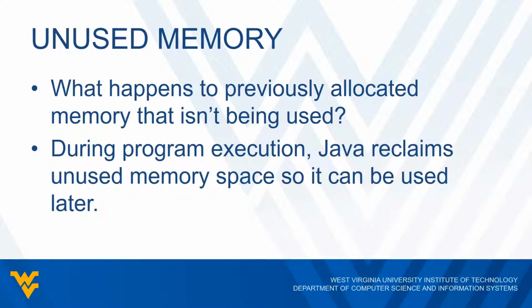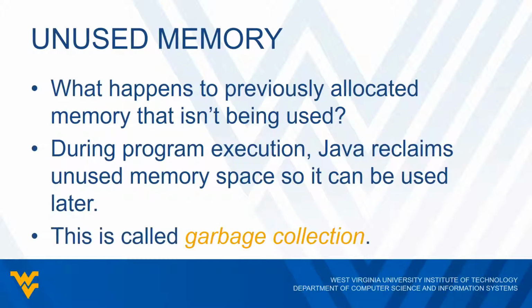Now in Java, while the program is running, it will detect these objects that are no longer used. So Java will reclaim that memory space so that it can be used later. This is what we call garbage collection. Some programming languages like Java have their own garbage collection. Other languages do not automatically perform garbage collection. You may have to manually enforce that in order to reclaim unused memory.